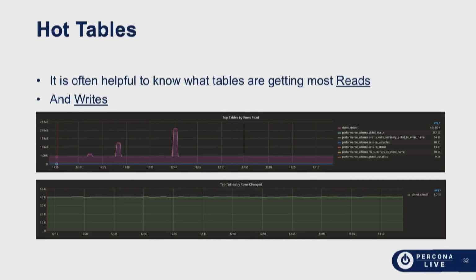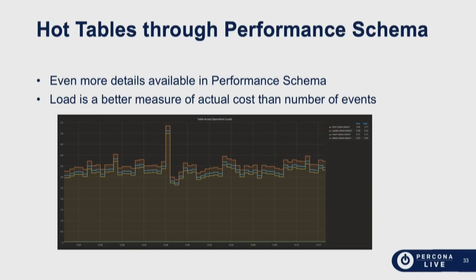So you can really understand what the hot tables are, and often when you see some sort of spikes, you would go to this dashboard and see, oh, look at that, for some reason this table became extremely hot. And that can often give you some ideas of what to look at.